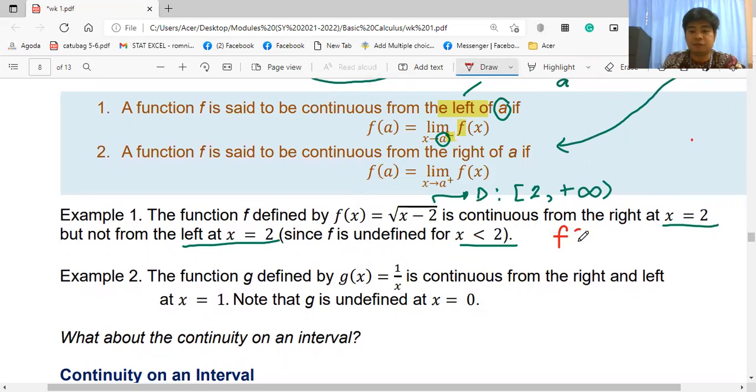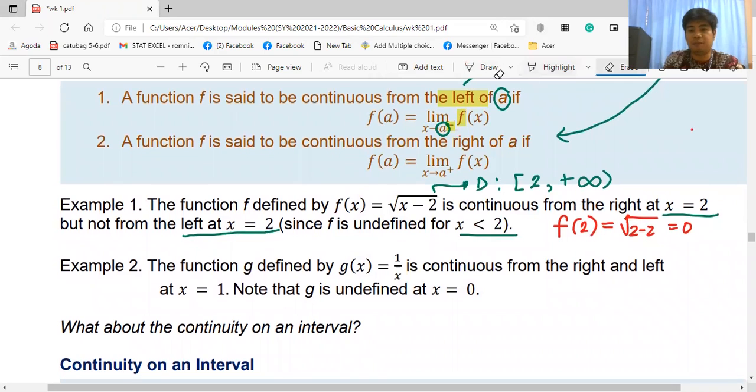What is f of 2? So f of 2 here is square root of 2 minus 2. That is 0. What is the limit? Okay, we have to compare them kasi. What is the limit of the square root of x minus 2 as x approaches 2 from the right, because we're proving it on the right, kung continuous siya sa right.